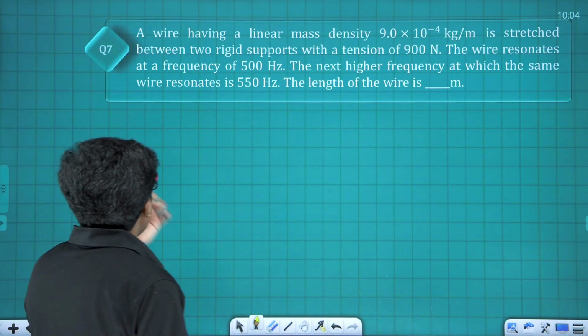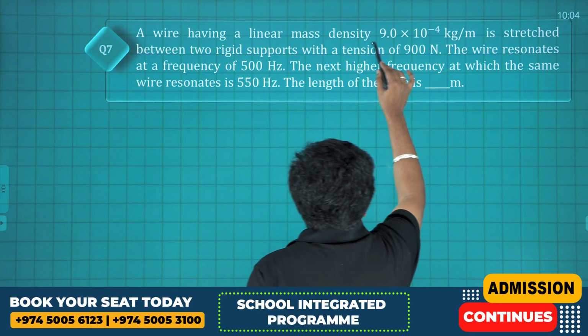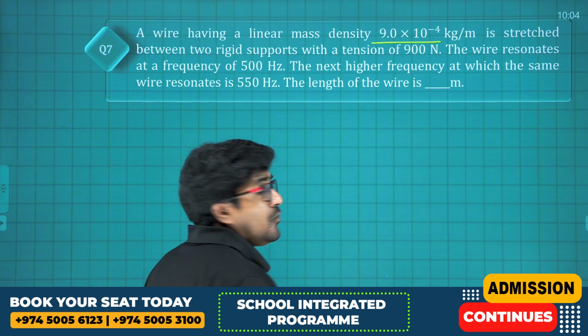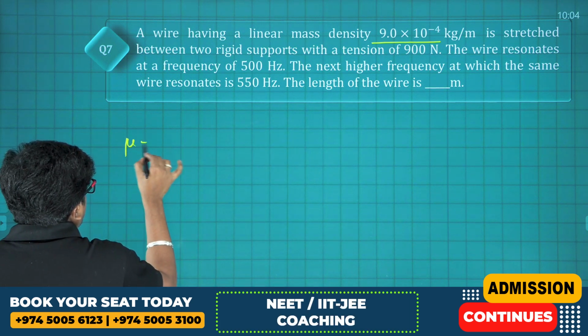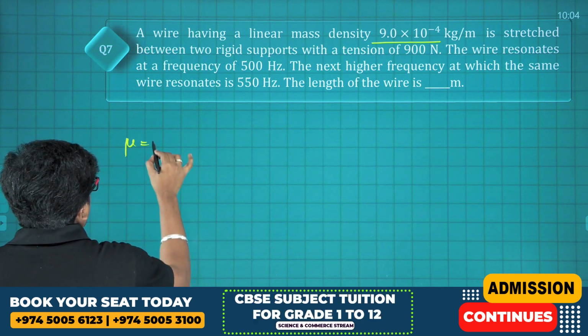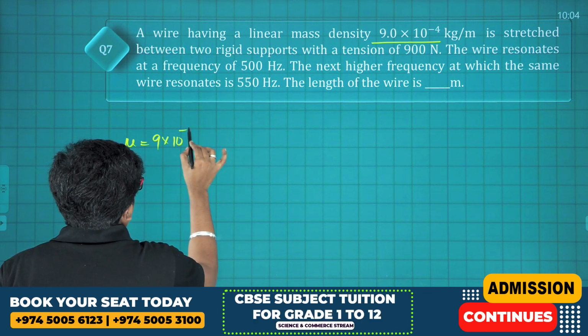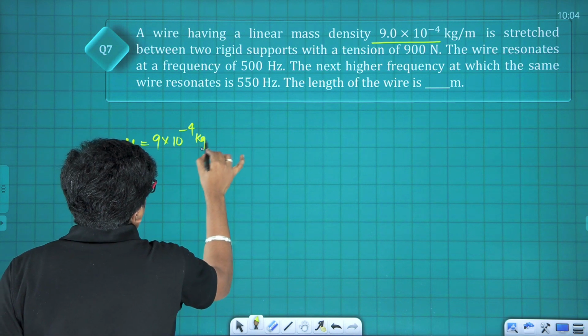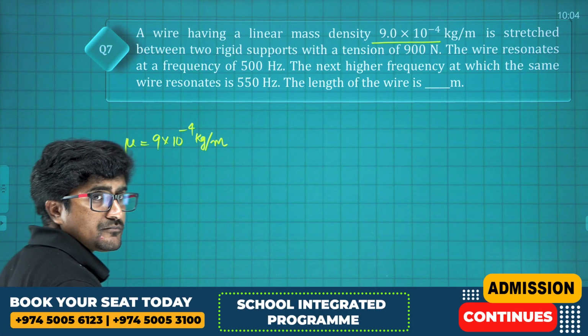The question says a wire having linear mass density 9 into 10 to the power minus 4 kilogram per meter. So the linear mass density lambda is given as 9 into 10 to the power minus 4 kilogram per meter.